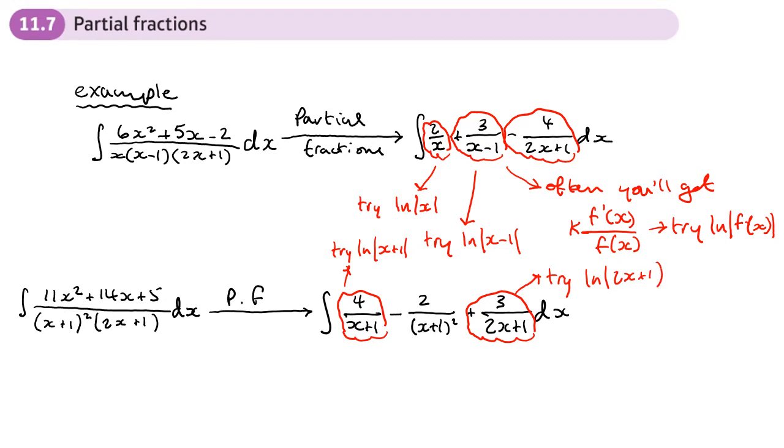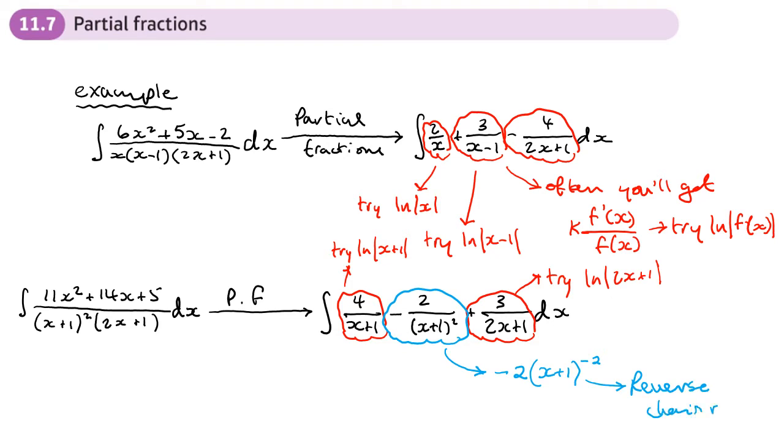But for the one in the middle here, you can't try log of the bottom because of the square, that won't work. So we'd write it like this, negative 2 x plus 1 to the power negative 2, and here we would use the reverse chain rule because the inside of the bracket is linear. So here we use the reverse chain rule.